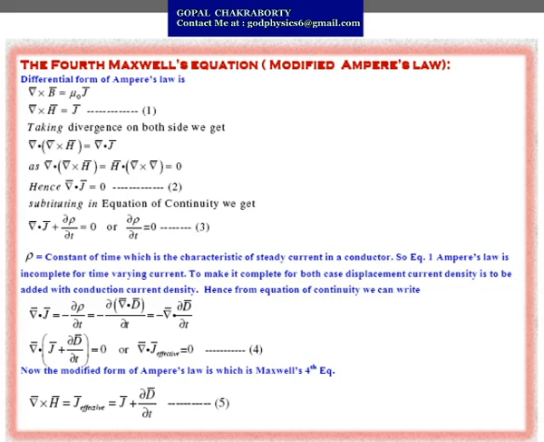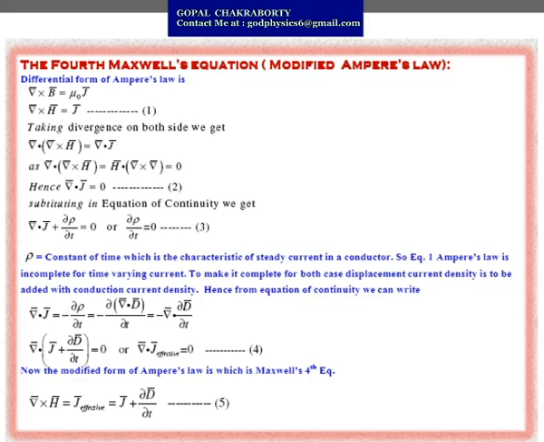Putting the value from the first Maxwell's equation, del dot D equals rho, we substitute the value of rho and ultimately get minus del dot (del D by del t). Taking common, we get del dot (J plus del D by del t) equals 0, where the bracketed term is called J effective, the total current density.